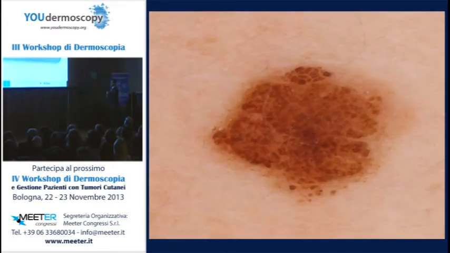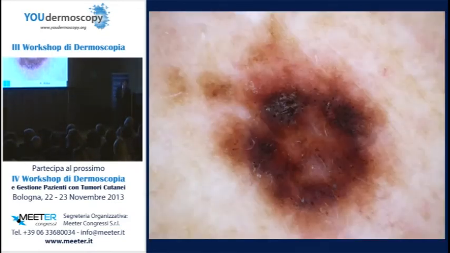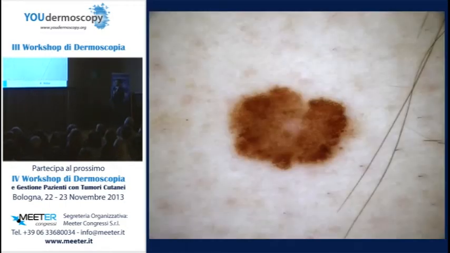So this is what is written here. Now, when we call this an atypical nevus, it means we can never confuse it with a melanoma. And when we call this lesion dysplastic or atypical, we call it that because it might be a melanoma and we make a mistake. And we call this atypical or dysplastic because it might be a melanoma. And we call this lesion atypical or dysplastic because it might be a melanoma.